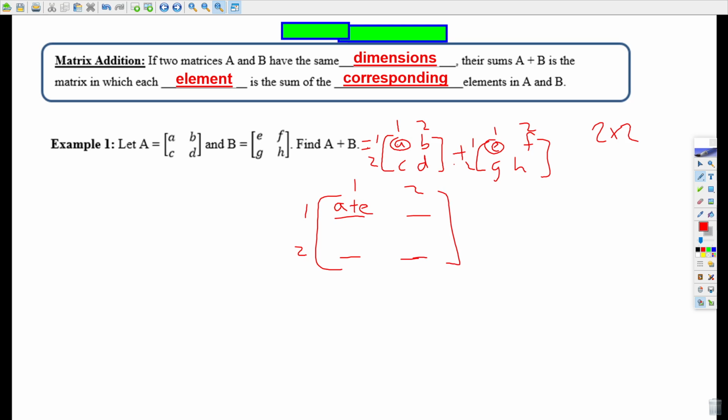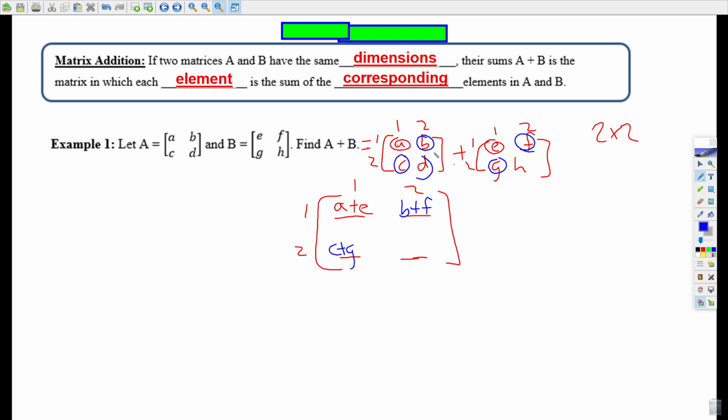So we move to the next one. I'm going to use different colors here. The first row, second column is b. That gets added with f. b plus f. Keep going. Second row, first column is c, and the same position in the second matrix is g. So c plus g.